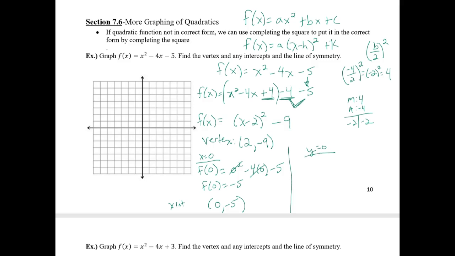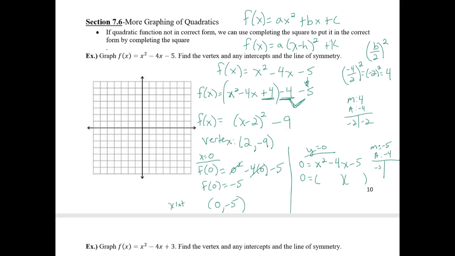If I let y equal 0, well, y is the same thing as f of x. So that means I'm letting all of f of x be 0. So I'm replacing the left-hand side with 0. And I'm going to solve for x now to find the x-intercepts. First attempt should be to factor. So if it is factorable, we're going to try to factor. If it's not factorable, then we use the quadratic formula. So what would multiply to negative 5 and add to negative 4?